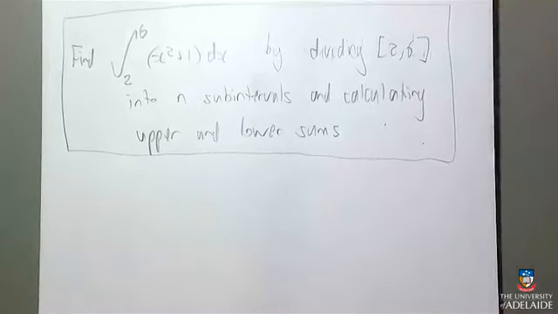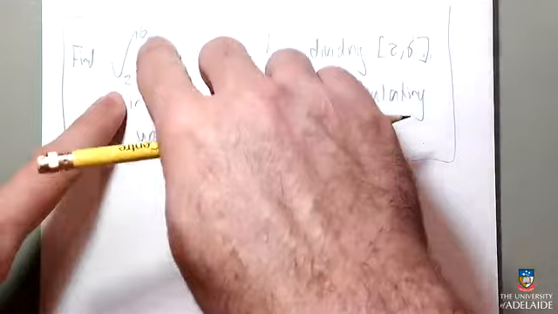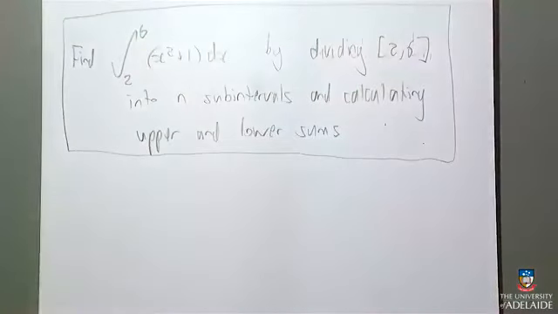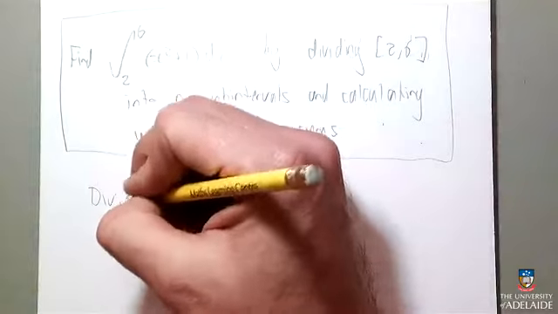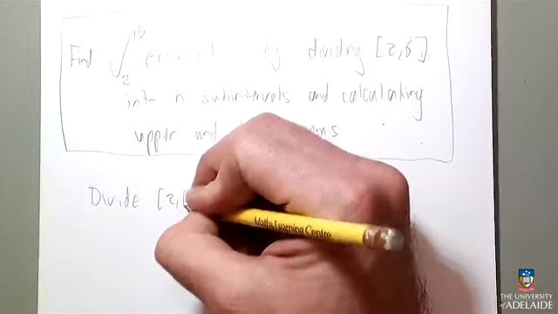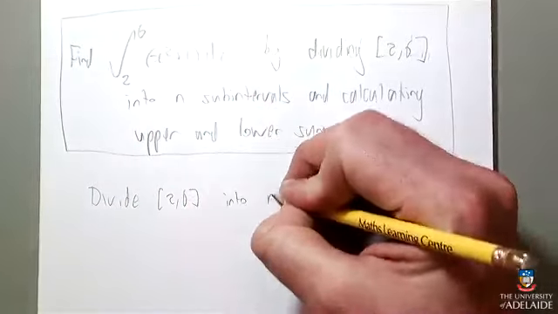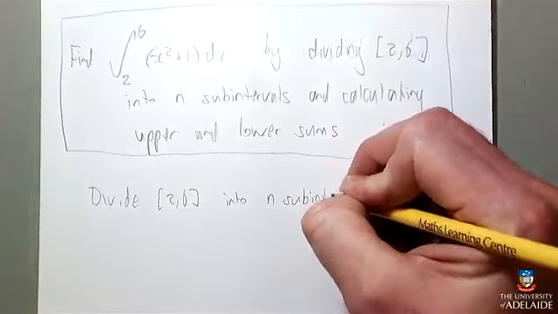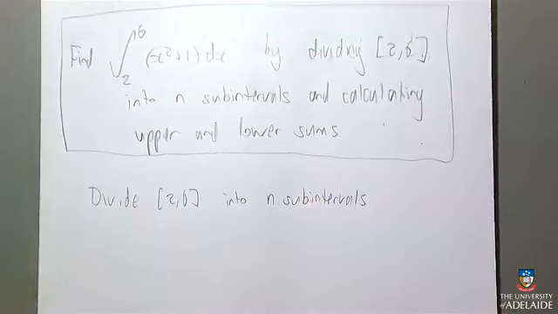Okay. So the first thing you need to do is divide the interval that you're integrating over, in our case from 2 to 6, into n subintervals. You will do this even if you haven't been asked to do it.